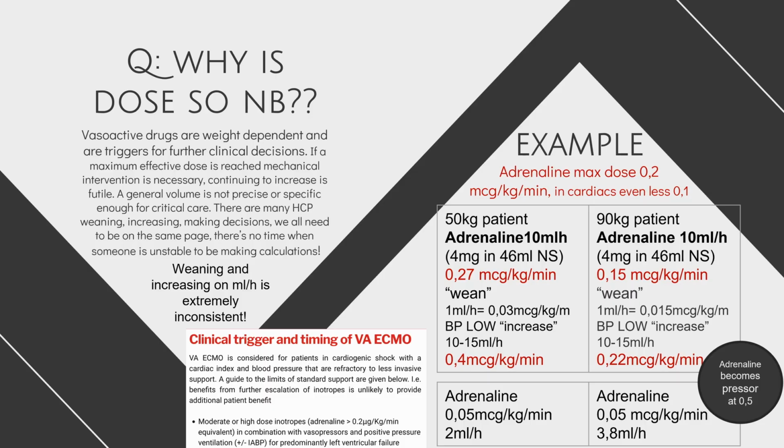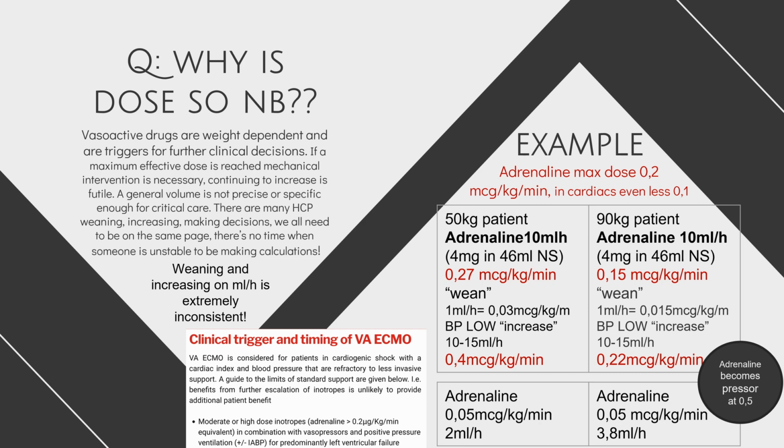So let's say you're weaning at 1 ml per hour, which seems to be the average. And on that 50 kilogram patient, 1 ml per hour is 0.03 mics per kilo per minute. And on the 90 kilogram patient, it's going to be 0.015. So it's completely inconsistent.